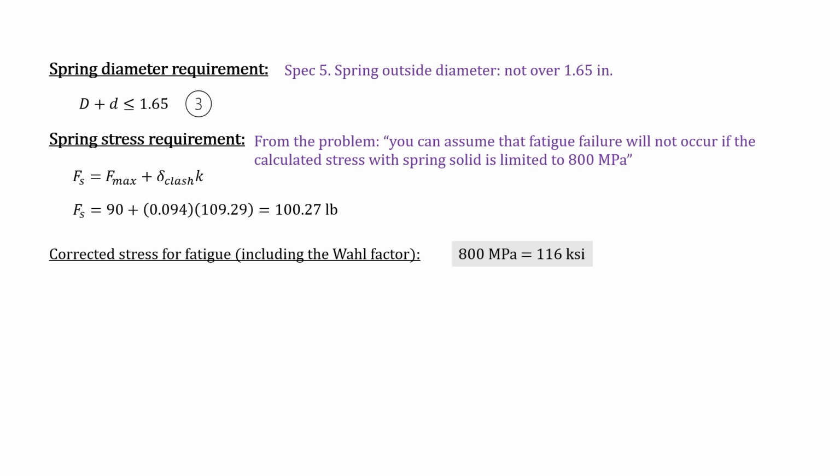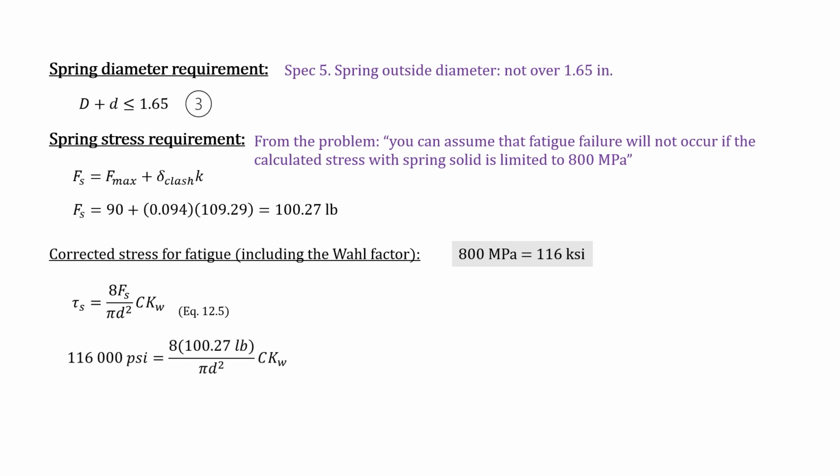Just before we start doing that, the 800 megapascals, we're working in imperial units, so I'm going to convert that quickly to 116 KSI. This is the corrected stress equation that I was talking about, equation 12.5 if you want to look at it in the textbook. It's essentially just that, and this KW here is a shear stress factor.